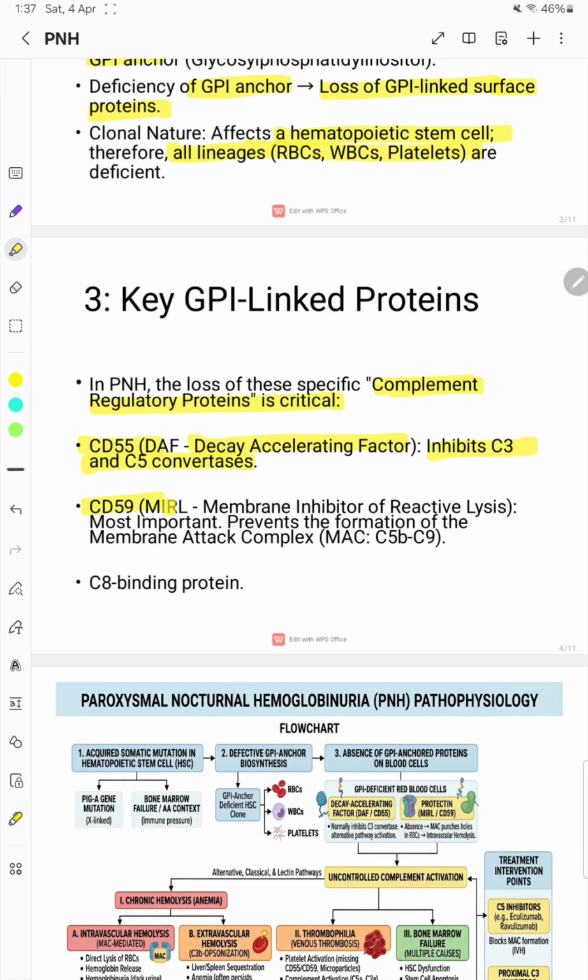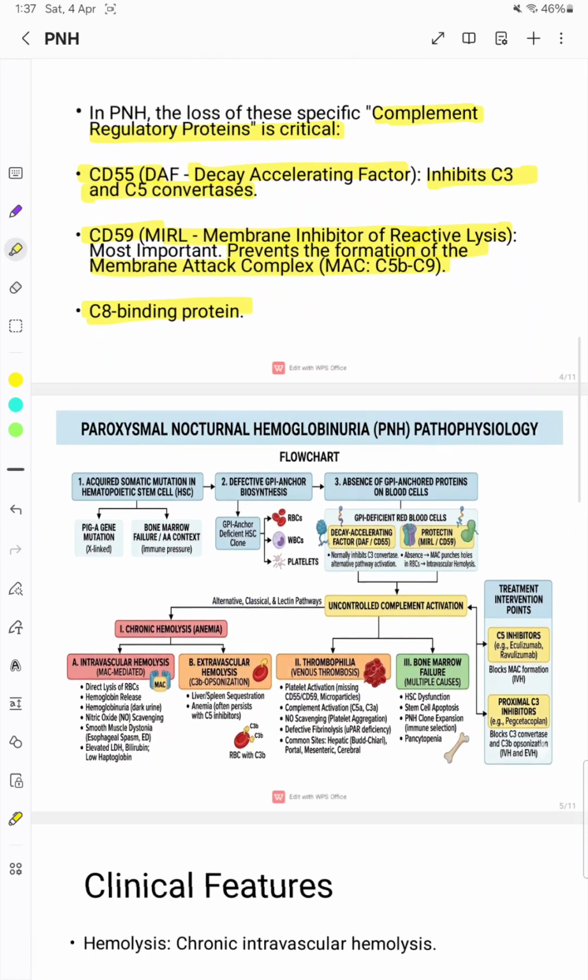CD59, also known as membrane inhibitor of reactive lysis, is the most important GPI-linked protein involved in the pathophysiology of PNH. This prevents the formation of the membrane attack complex. The third GPI-linked protein which is deficient is C8 binding protein. Due to their deficiency, there will be abnormal activation of the complement and there will be hemolysis.